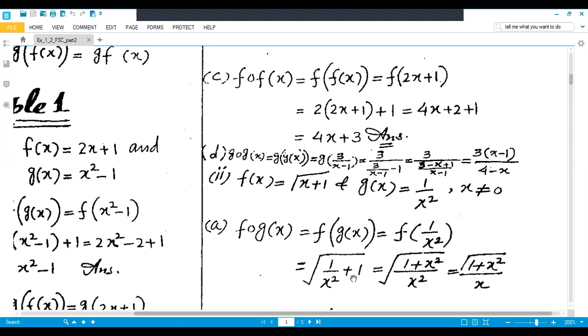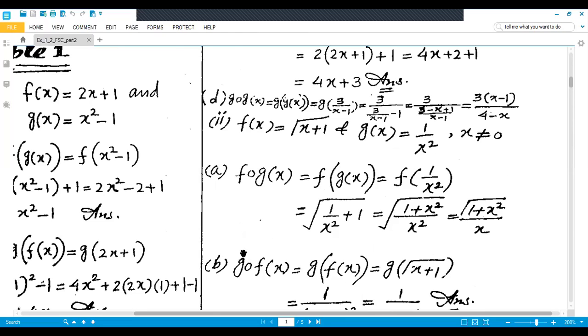So 1 over x square plus 1, take the LCM, it will be x square, 1 plus x square. When you apply the square root on the denominator, it will be x. So under root 1 plus x square over x. So this is the first, part A for the second part.